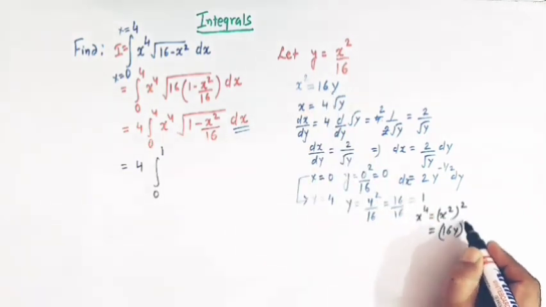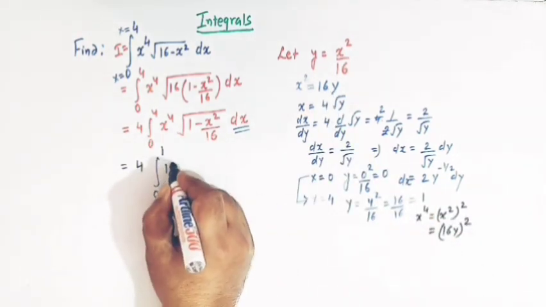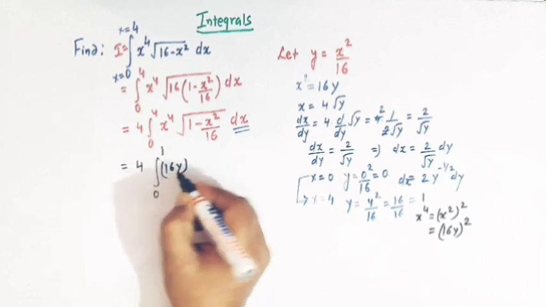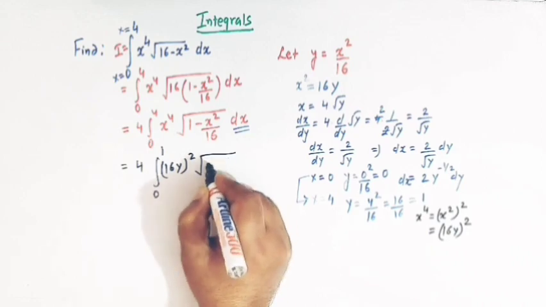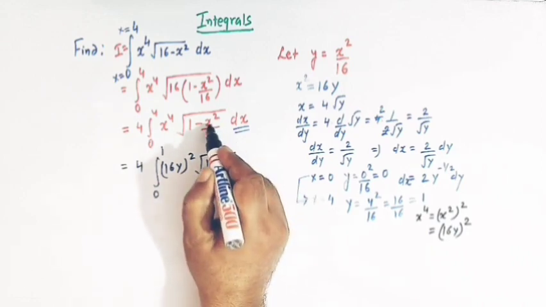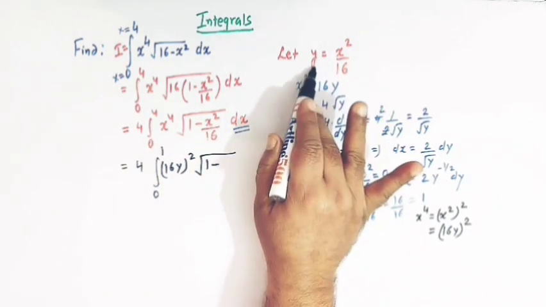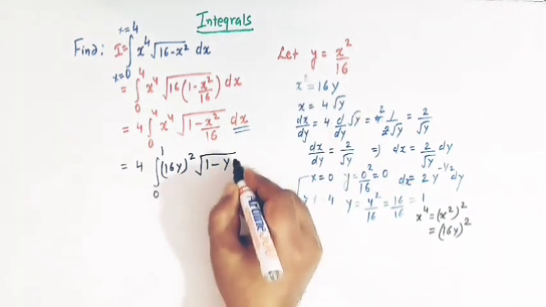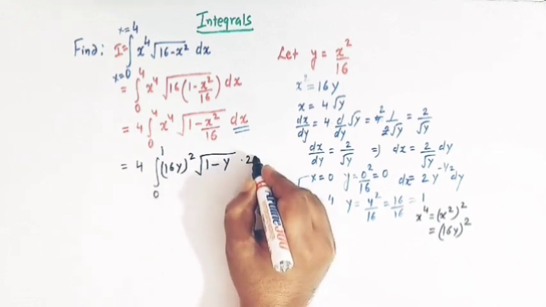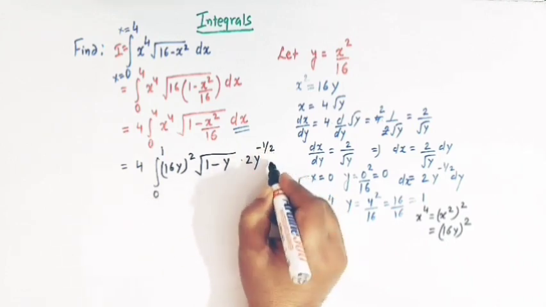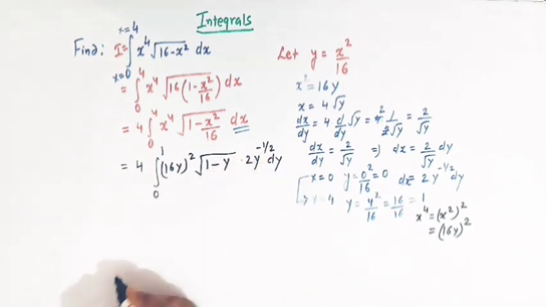And here we have a square. So we can write (16y) raised to the power 2, and here we have the square root of 1 minus x squared over 16, that is equal to y. So here we have y. For dx we can write 2 times y raised to minus half, and here we have dy, right?